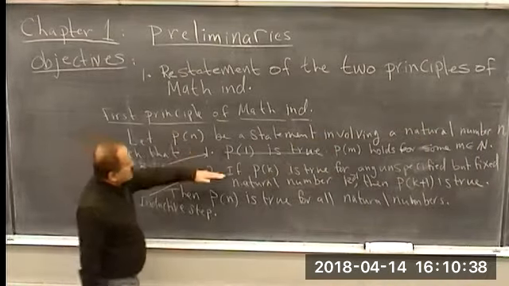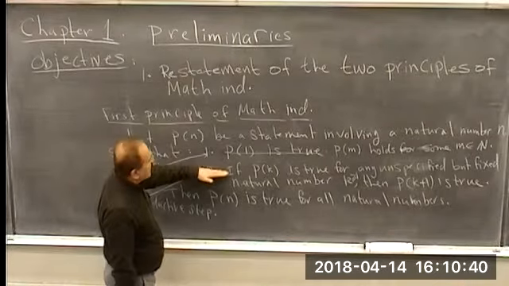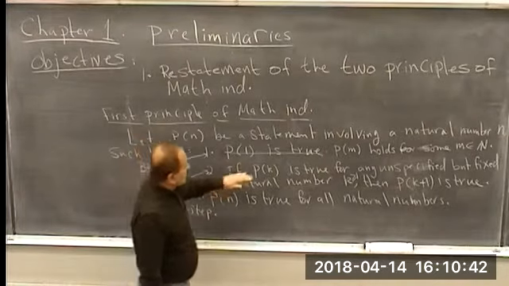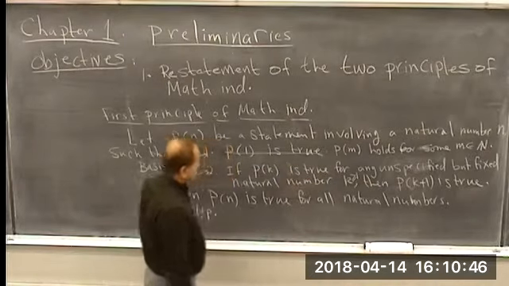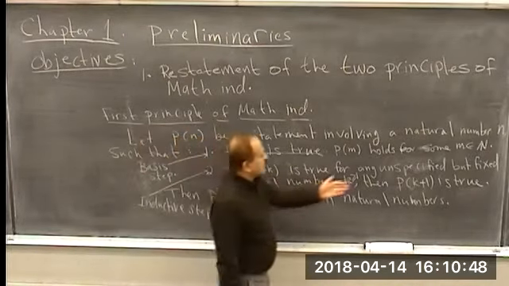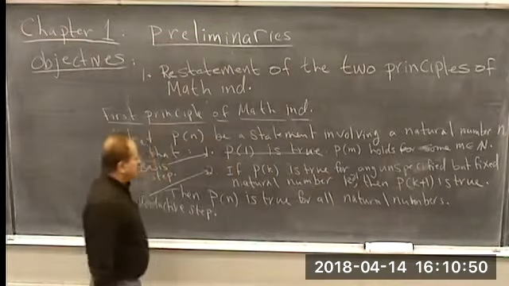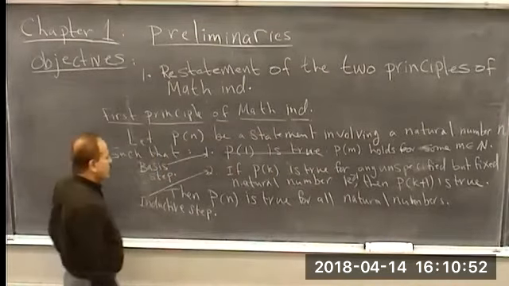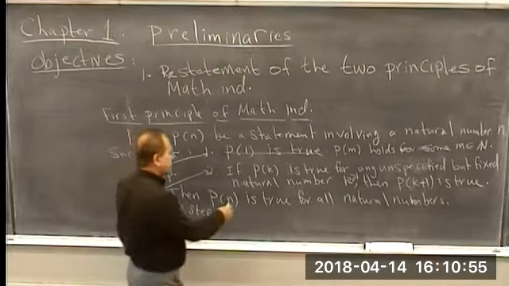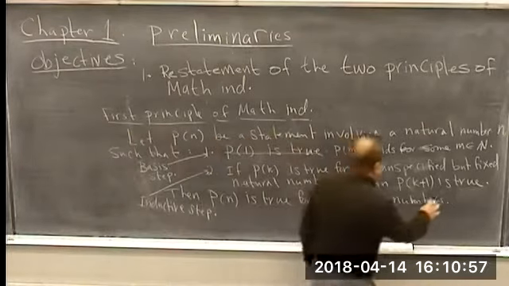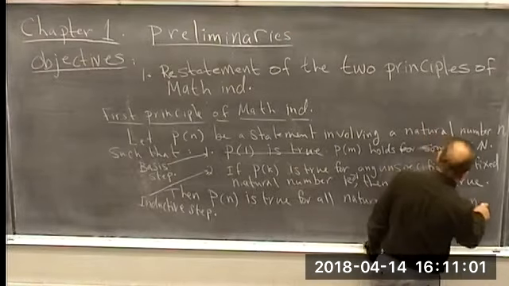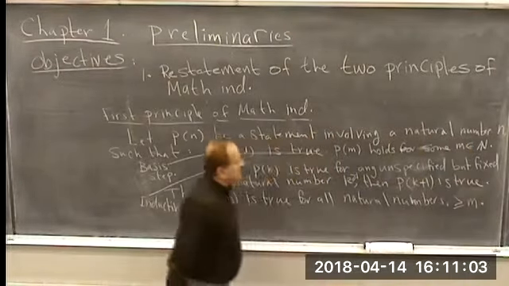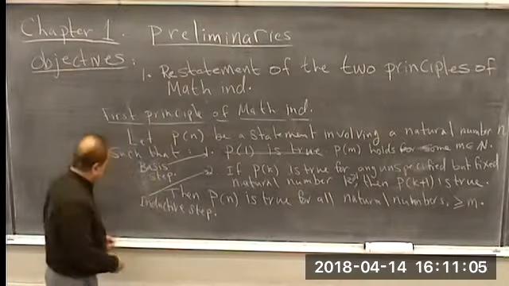And as far as the inductive step, if we can show that P of k true implies P of k plus 1 is true, then the conclusion is that this is true for all natural numbers bigger than or equal to m. Okay, so just a minor modification.